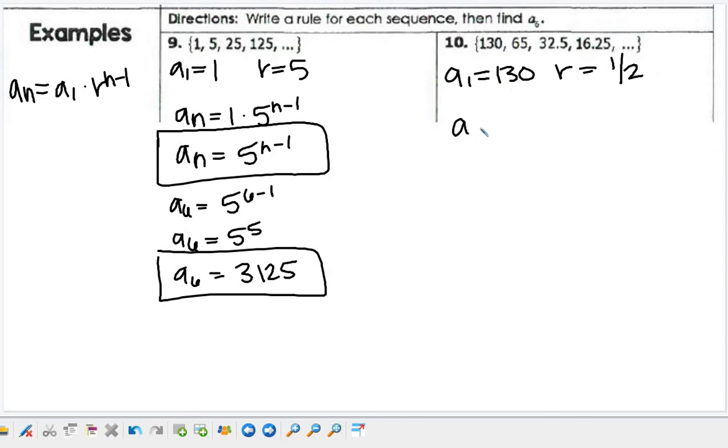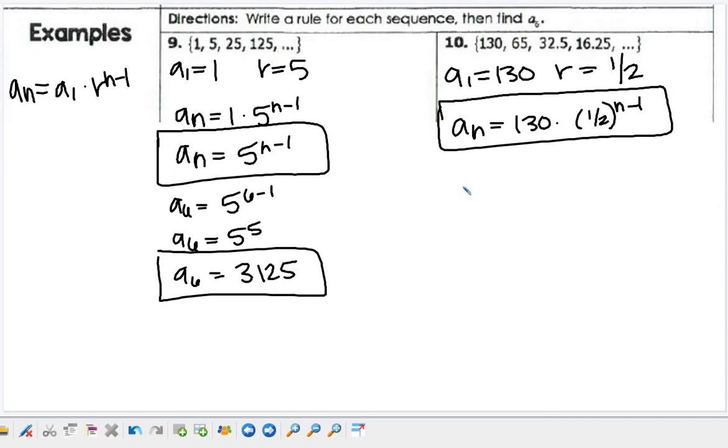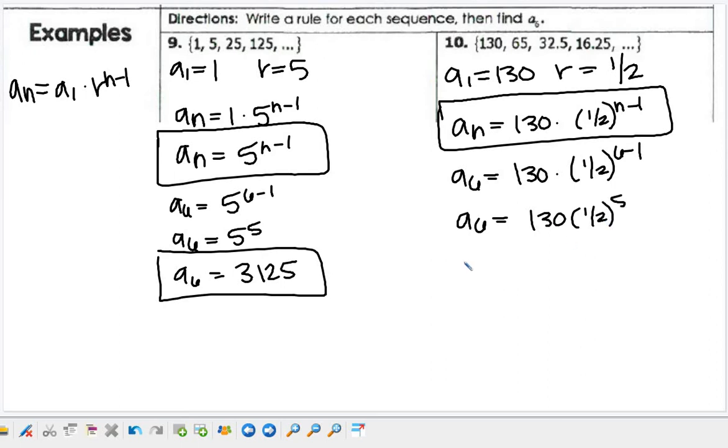So my rule would be a sub n is equal to 130 times 1/2 to the n minus 1. And that's my rule. And if I want to find the 6th term, that would be 130 times 1/2 to the 6 minus 1. So 130 times 1/2 to the 5th.